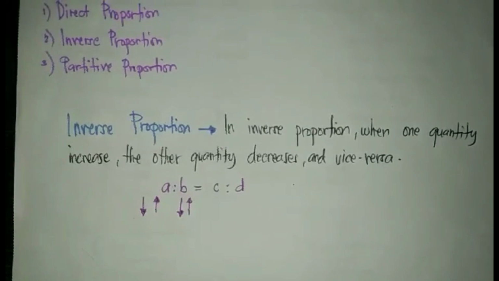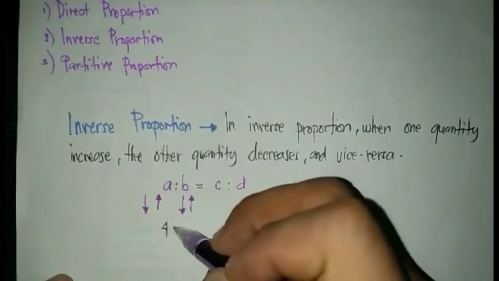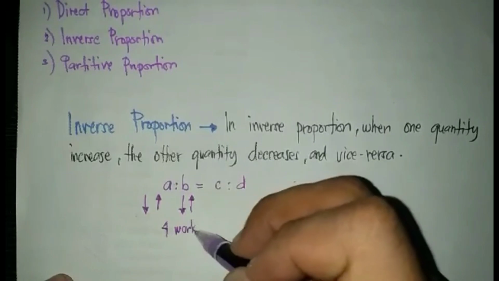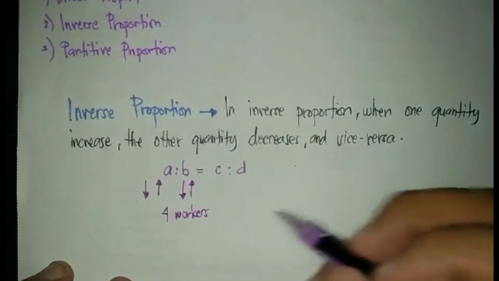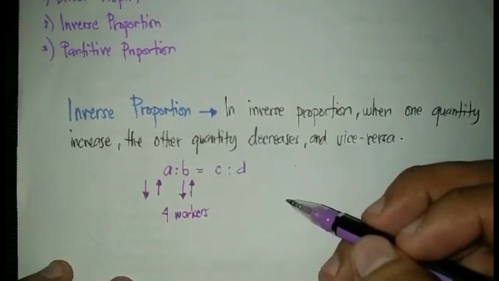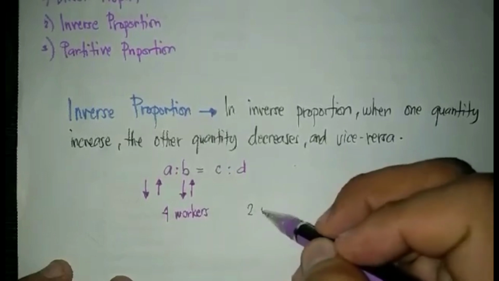So, halimbawa, may isang owner na magpapagawa ng bahay. So, nag-hire siya ng 4 workers para gawin yung bahay niya. Yung time frame ng paggawa ng kanyang bahay is within 2 weeks.